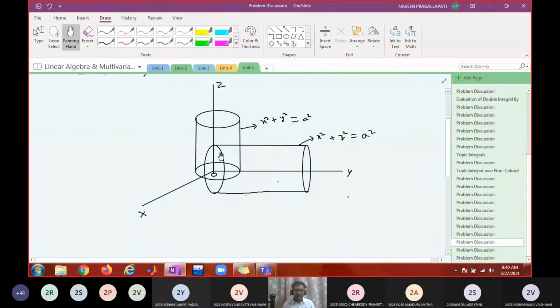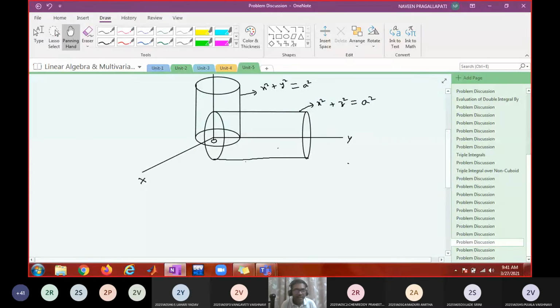And here also there is no limit on z. So both are infinite cylinders. These two infinite cylinders are intersecting perpendicularly. So there is an amount of volume common to these two cylinders, and that you are asked to find out.